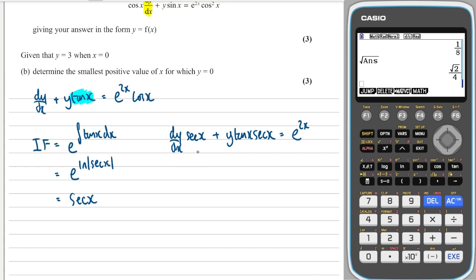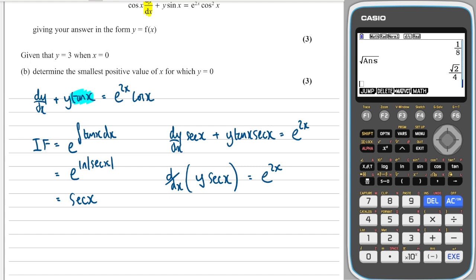Okay, now I can write this as a product, and the product will always be the variable y, so the one on top of the differential, so dy by dx, it will always be the top one, y, multiplied by the integrating factor. And that will equal e to the 2x.